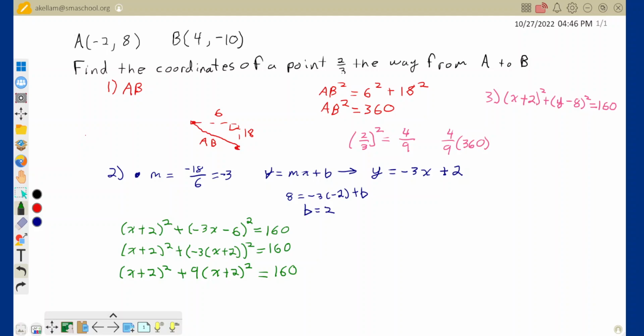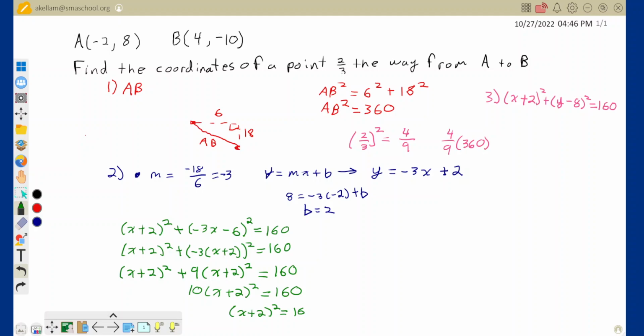And then we can simply solve without having to expand at all. So we're going to combine these. That gives us 10 times x plus 2 squared equals 160. And we divide both sides by 10, and we have x plus 2 squared is 16. And then we can take the square root of both sides.